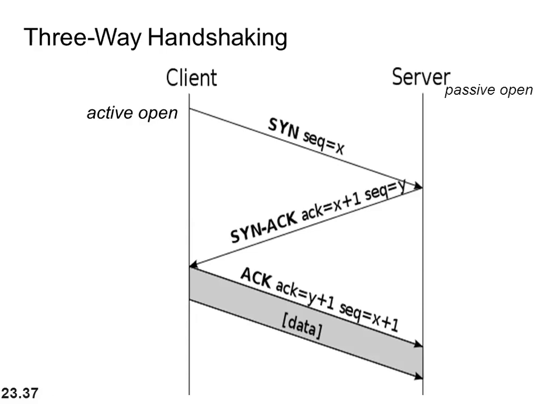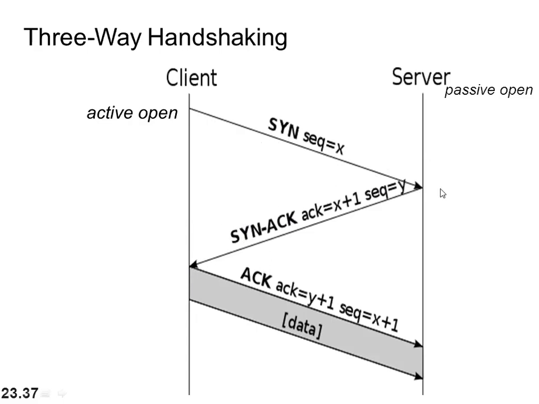Now what happened till now is the client sent a synchronization packet to the server, and for this synchronization packet, the server is sending the acknowledgement. And the server is again sending another synchronization packet to the client, and in response to that, the client will be sending the acknowledgement.